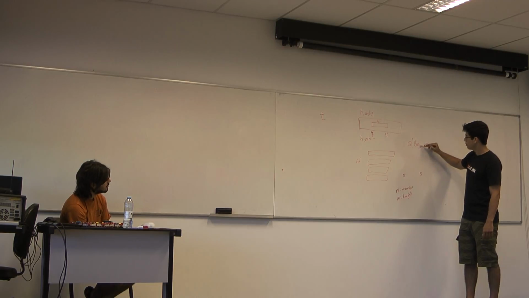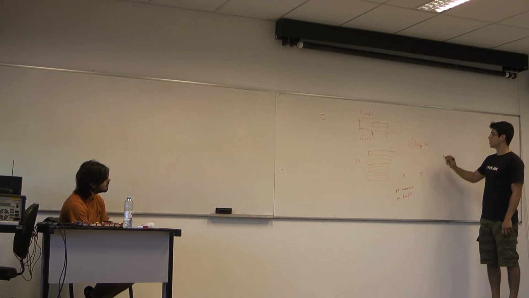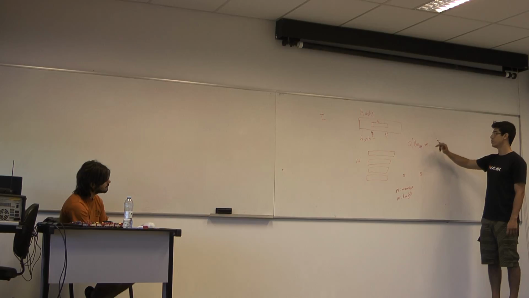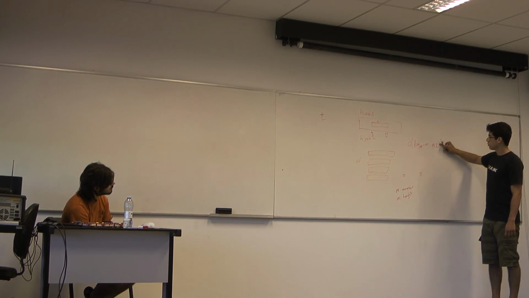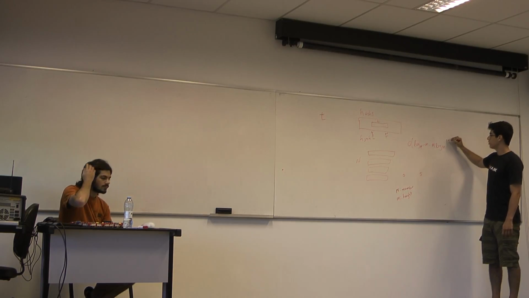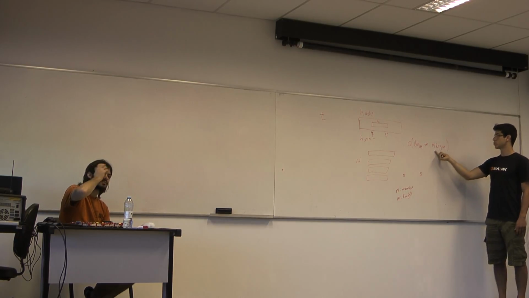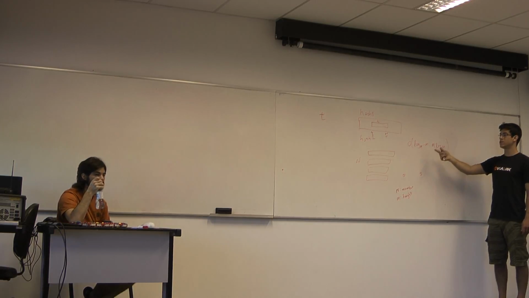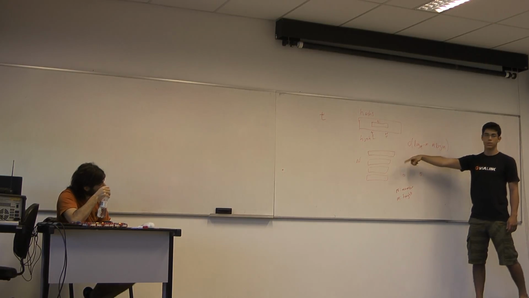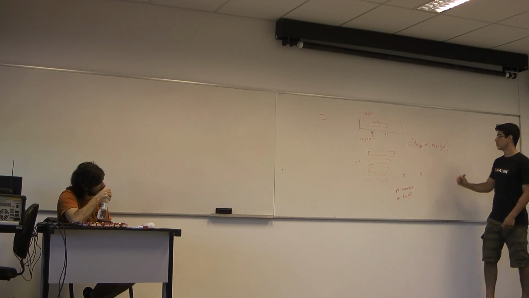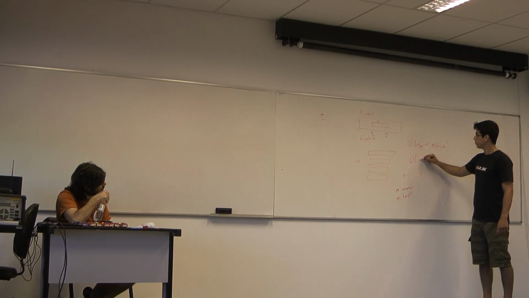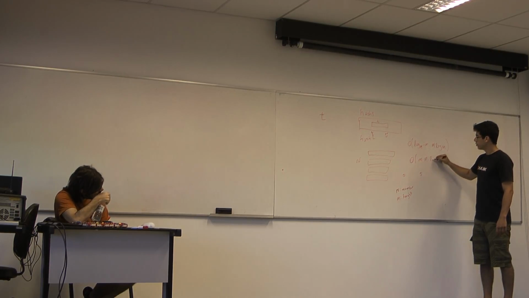So log n times n for each word, and log n. The slowest stage is the sorting and searching phase. So it is O of n log squared.